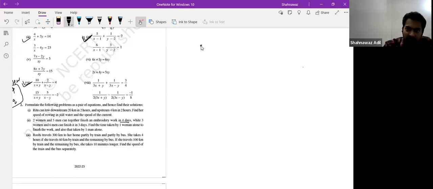So let's say Ruhi is coming from this point A and this is her home, with the windows and all, and this is the door. So this is her home, and this is 300 kilometers.